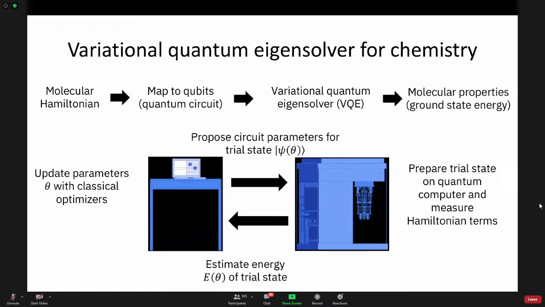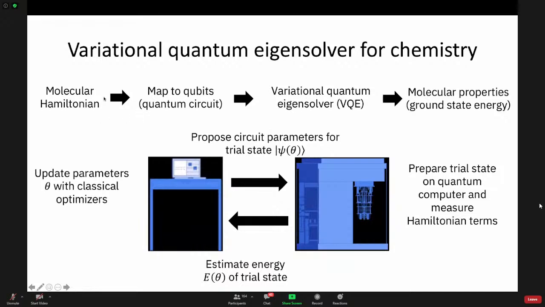So in this near-term device, what we try to do is use a variational quantum eigensolver to tackle the chemistry problems. I'd like to explain the workflow of this variational quantum eigensolver.